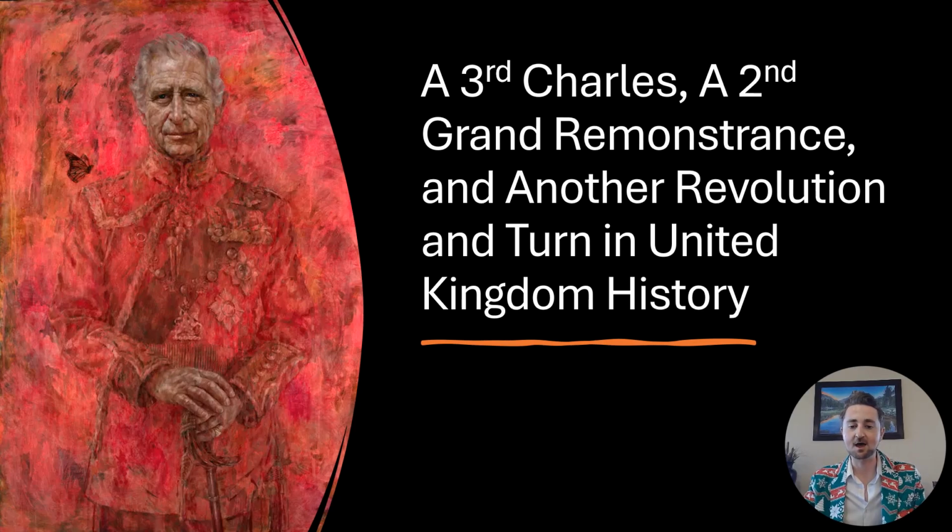Again, I was just a little taken aback by the use of red. It has nothing to do with the term man of blood as it did with Charles I. In fact, it's due to Charles III's affinity for the Welsh Guard and the Welsh Guard regimental uniform, which is red.